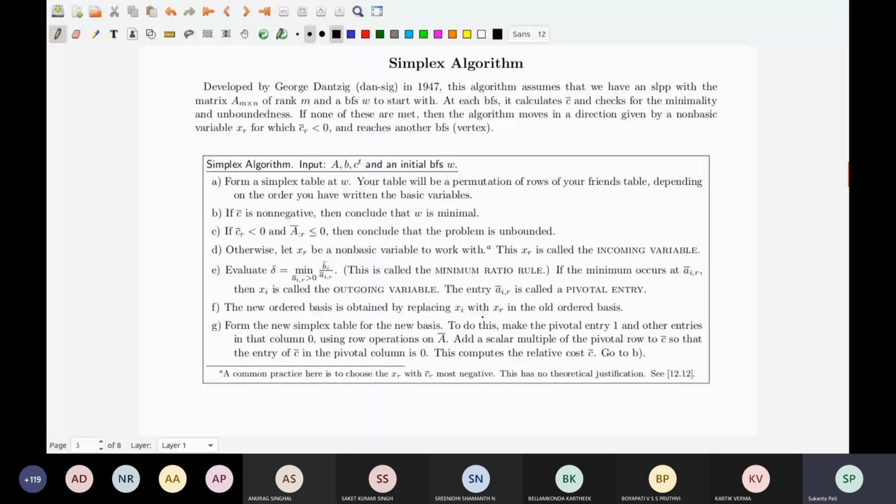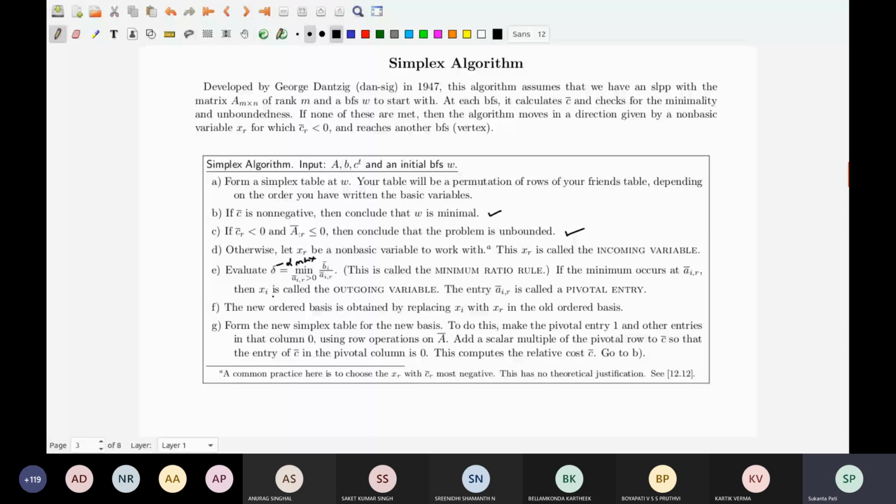If some rth entry is negative of the relative cost vector and the corresponding column is less than equal to 0, then conclude that it is unbounded. Otherwise, this is the alpha max. Evaluate the maximum extent that you can travel and go to the next BFS and repeat. Okay.